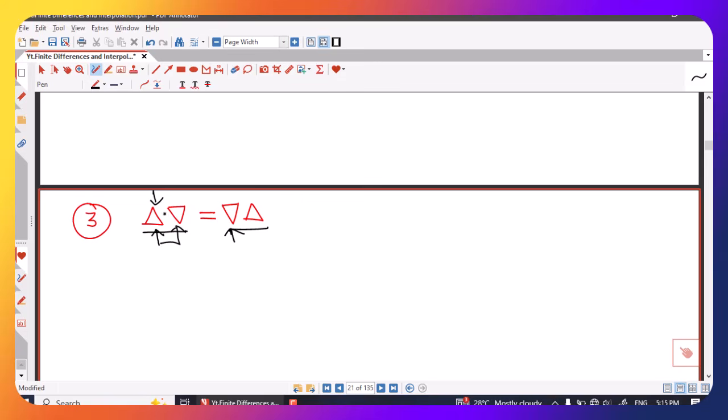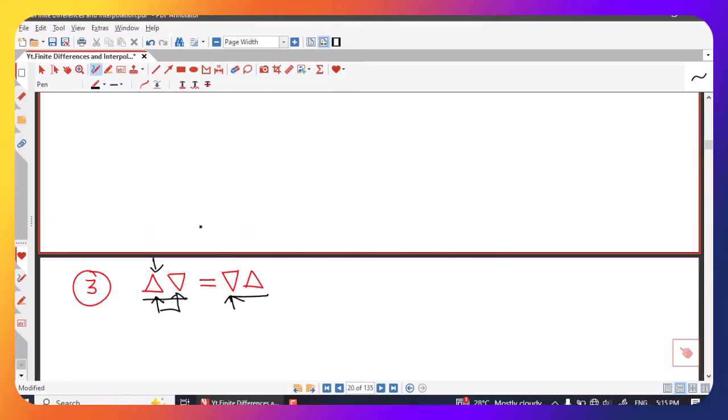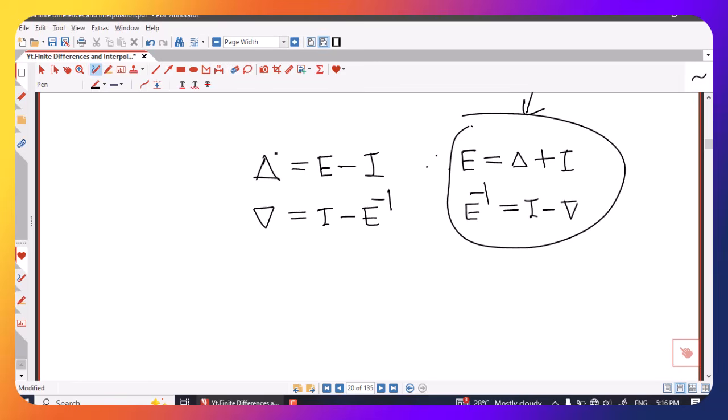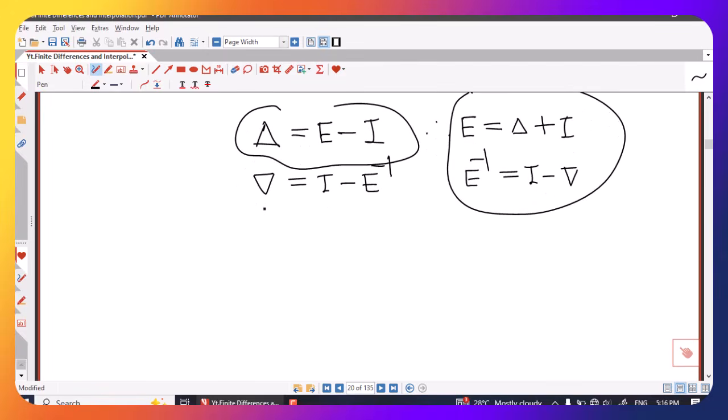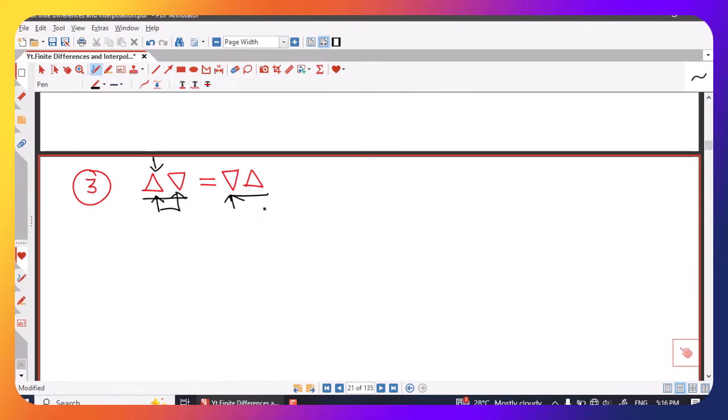So we can say that the product of these two operators is commutative. So either you find delta nabla or nabla delta, the answer will be the same. So for that we can use these two relationships. We can prove that delta into nabla equals nabla into delta using those two relationships.